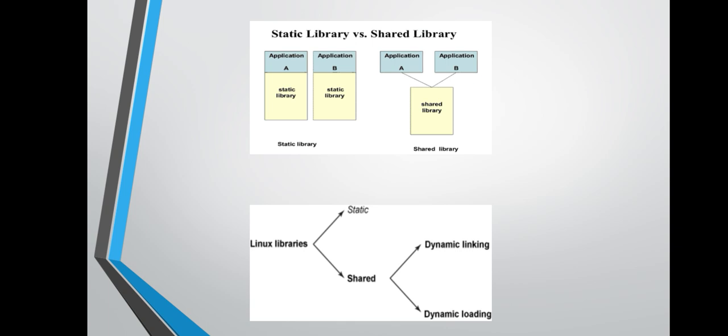And in the shared there are two types: dynamic linking and dynamic loading. Dynamic loading is in the sense of running the code at runtime, and we are now understanding the concept of dynamic loading. So this is the example and the difference between static library and shared library.